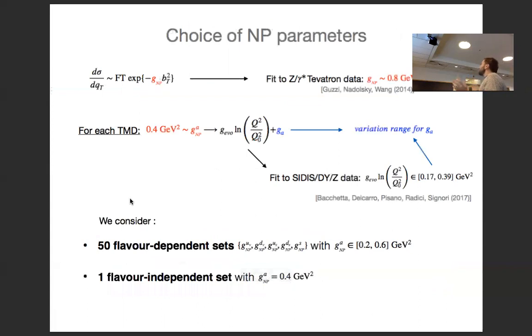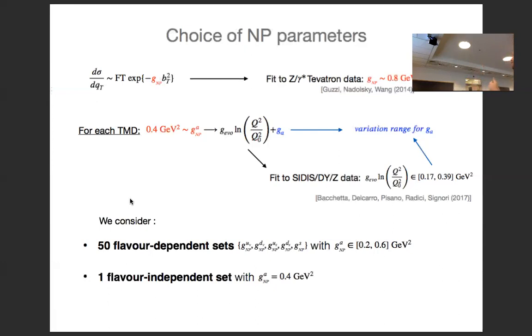So what we did is a really preliminary exploration, let's say. It's the easiest thing that we could do. You all know very well that there is this prefactor, the famous non-perturbative contribution to evolution that we talked about before. This g value has been fitted by many people, and its value is more or less 0.8 GeV squared. So what you can do is assign 0.4 to each quark in the initial state in such a way that you recover this 0.8, and vary this 0.4 to take into account a possible flavor dependence of this effect.